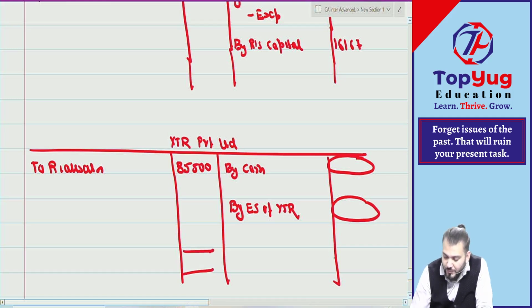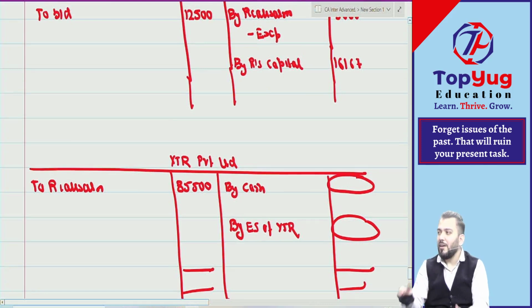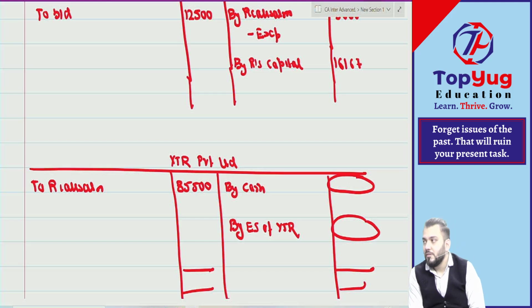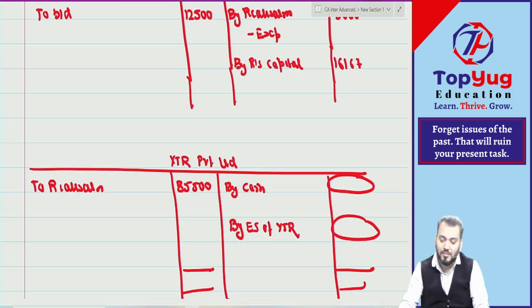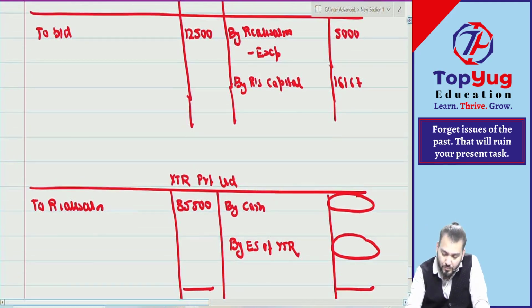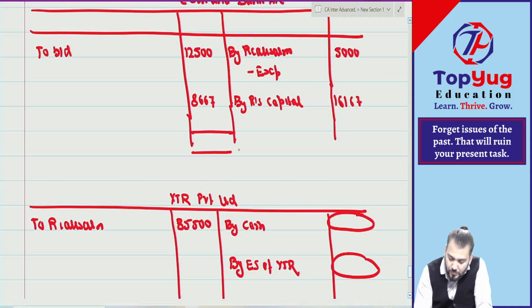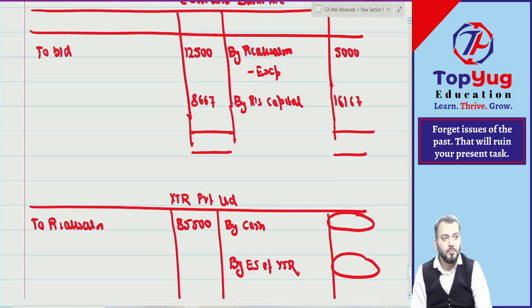Yes or no? Now you say what is to be done. I said now one point you will understand with the flow of the answer. Let's see. So what is the cash balance? Batao. 8667. This, what will we do? Amount of cash? Yeah, very good.